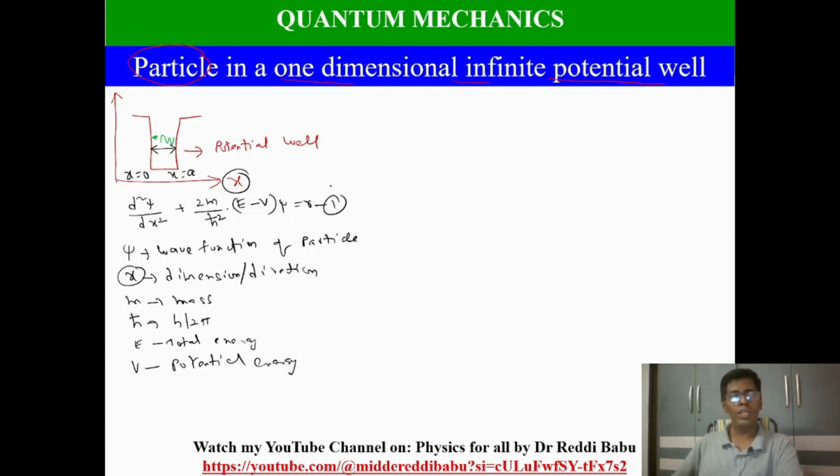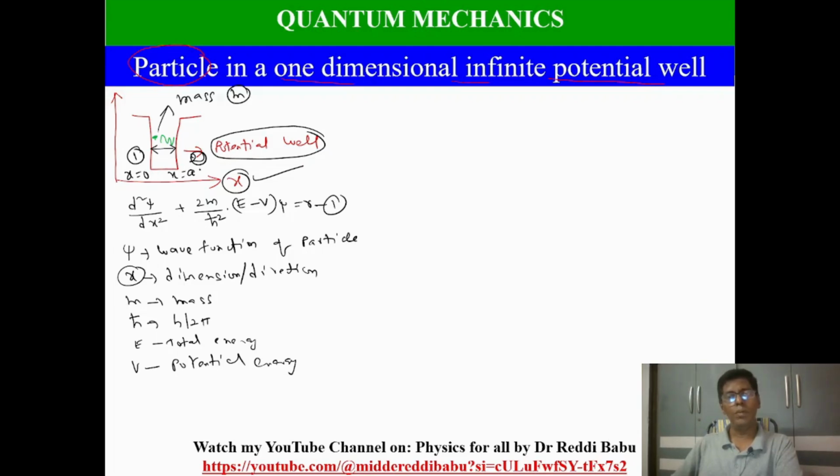Now to get the equation for the particle in a one-dimensional infinite potential well, first of all I am considering a particle with mass m. The particle is moving inside the potential well along the x dimension. This well has two limits: x is equal to 0 is the first limit and x is equal to a is the second limit.